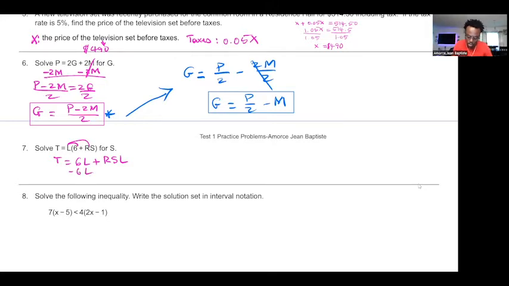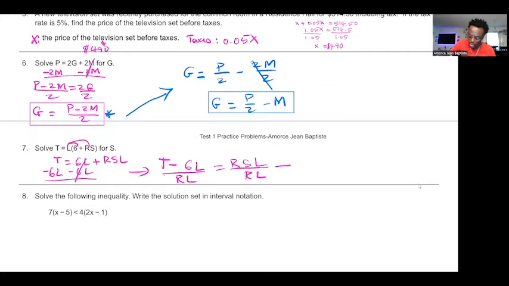And I'm solving for S, so I want to subtract 6L on both sides. So that cancels 6L. So I have T minus 6L on this side, and then the other side is RSL. And I'm solving for S. I want to divide by RL on both sides.